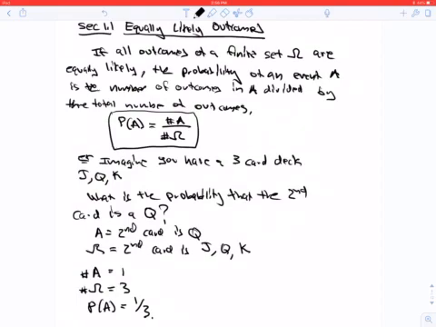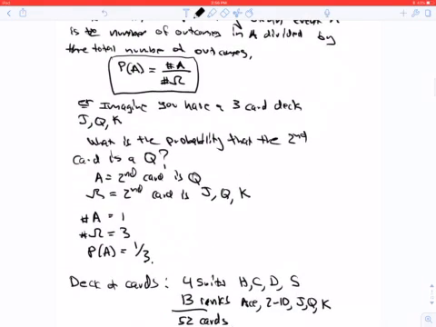So we're just focusing on what the second card is, and so that has size 1, namely that the second card is a Queen. The sample space, however, allows the second card to be any one of 3 possibilities, Jack, Queen, or King. So the size of the sample space is 3, and hence the probability is 1/3.